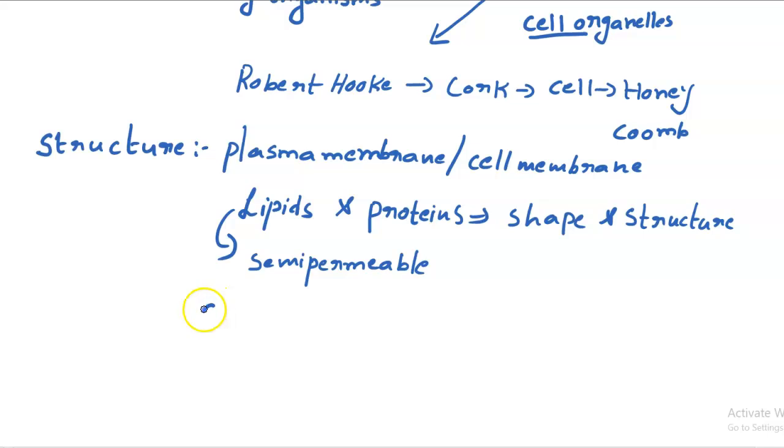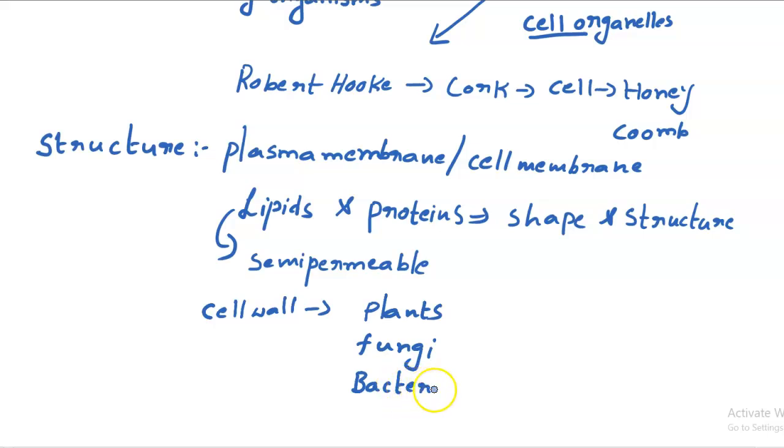Outside the plasma membrane, we find the presence of a cell wall in plants, fungi, and bacteria. In these three types of living organisms, the cell wall is present. But in animal cells, the cell wall is absent.